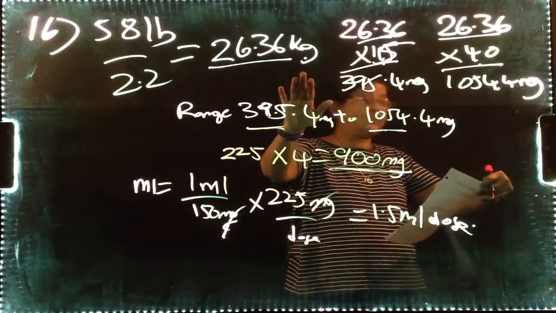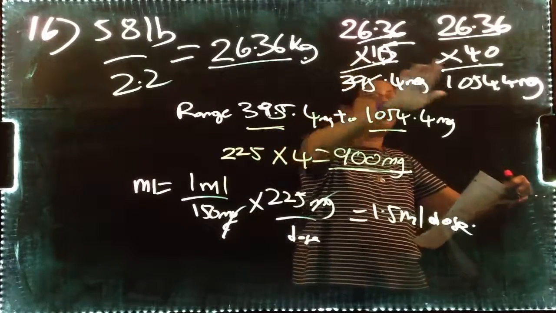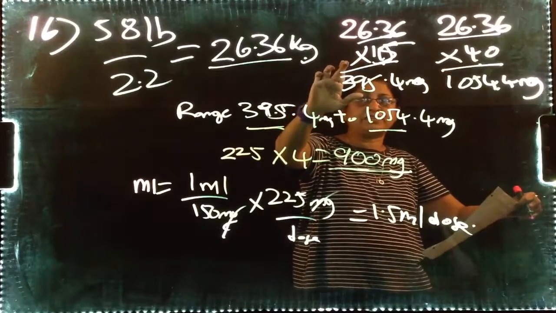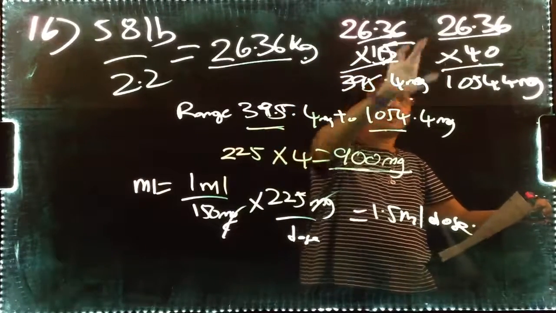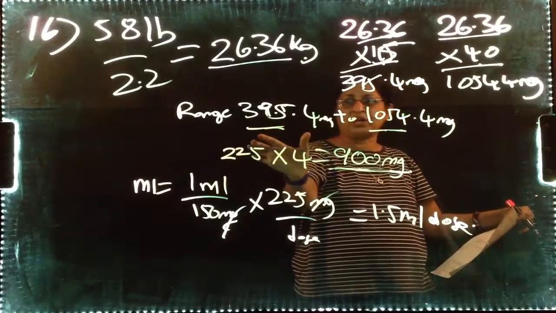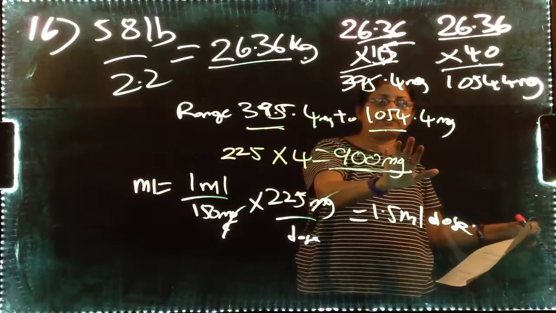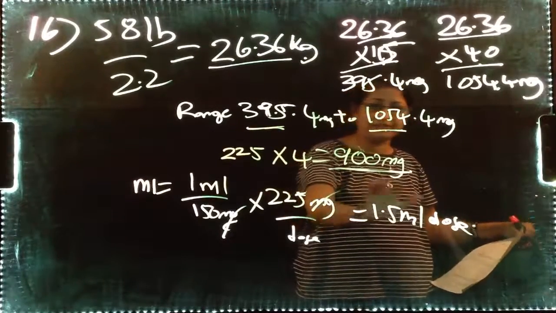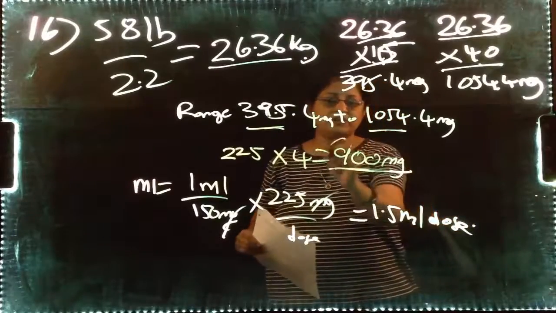Your note says you can give from 15 milligrams all the way to 40 milligrams. So if I do 26.36 times 15, it comes to this. 26.36 times 40 comes to this. So this is my range. 395 to 1054 is my range. It is a safe range because the total amount I'll be giving the child is 900 milligrams.